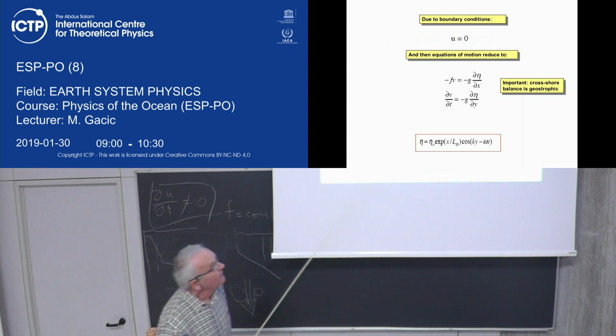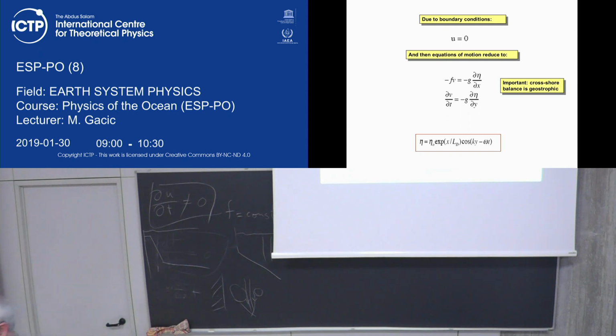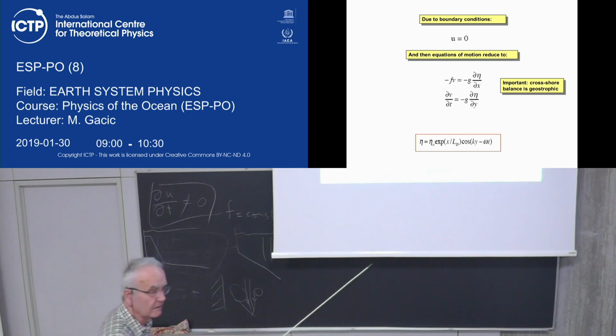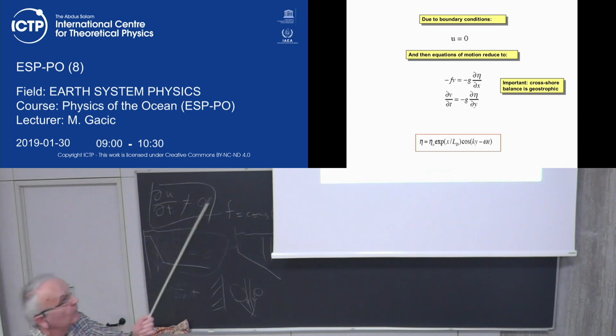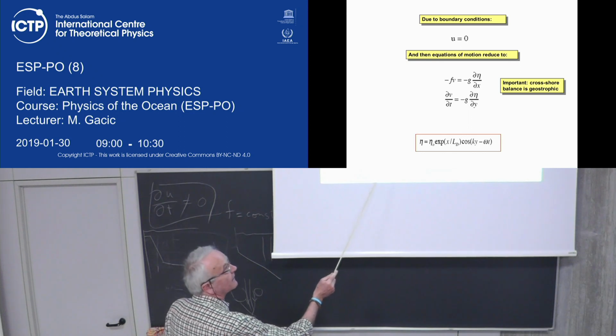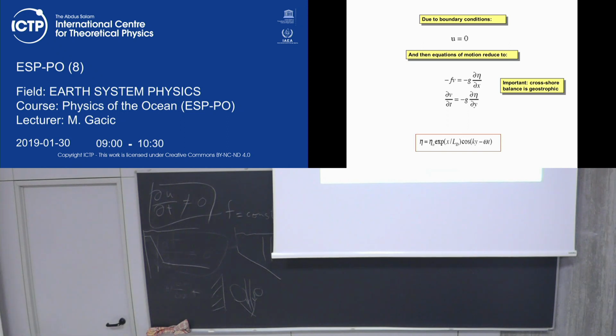And then there is a boundary condition that says that u is equal to 0. So the velocity perpendicular to the coast is equal to 0, by simple boundary conditions. And then the equations we had before, we have this set of two equations in x and y direction, where effectively in the x direction the du/dt disappears, because u is equal to 0.